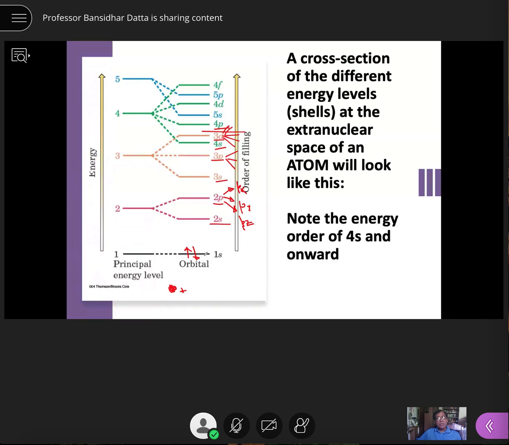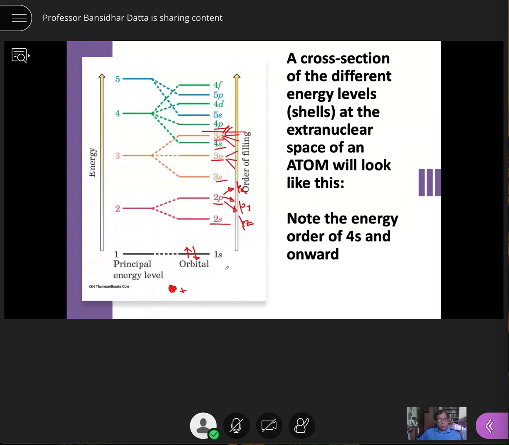Once this one is filled up, it will go to the next energy level, that is 2s. Then we'll go to the next, 2p, and 3s, 3p, 4s, and 3d. It will go this way. Everybody okay with rule number 1, right? Electrons will fill up from lower energy to higher energy: 1s, 2s, 2p, 3s, and so on and so forth.